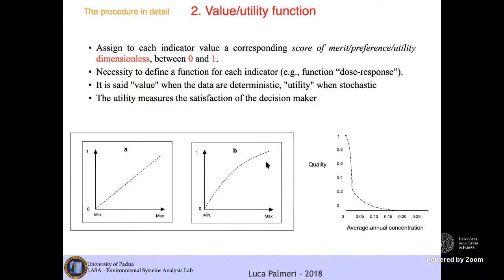Or you may have a non-linear value utility function in which you have a 0 at the minimum, and a kind of asymptotic tendency at the maximum, with a tendency to grow. Or you may have a more sophisticated value utility function. This is the third example. You may, for example, consider the average annual concentration of phosphorus.